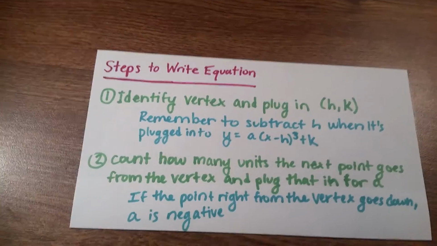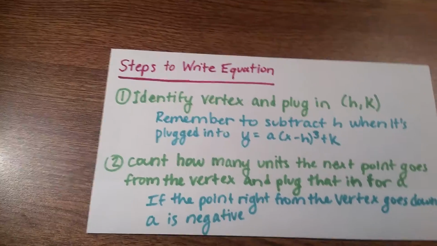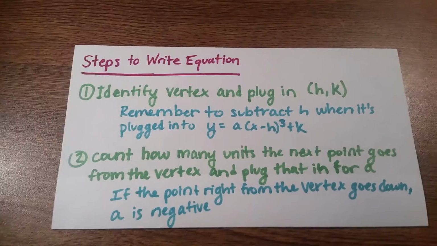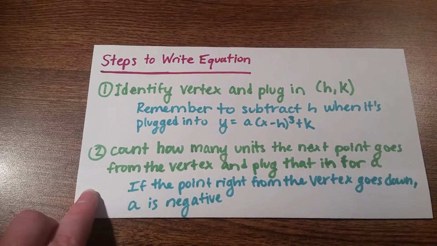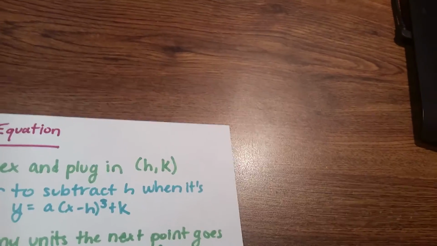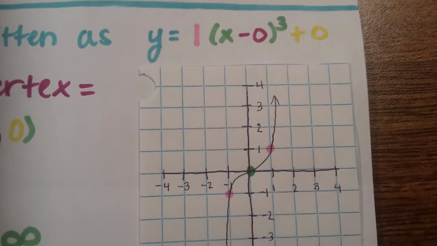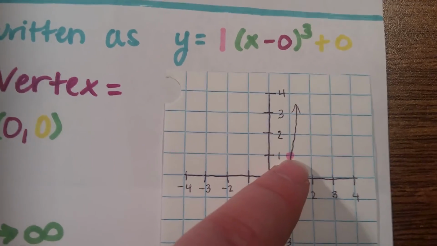And the second and final step before actually drawing is to count how many units the next point goes from the vertex and plug that in for a. So, for example, one of our examples goes up from the vertex by 1. So that means that a equals 1.